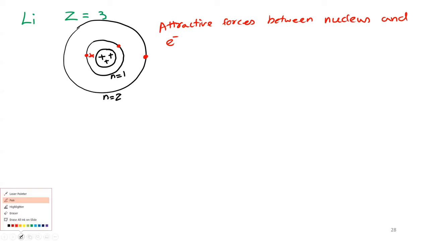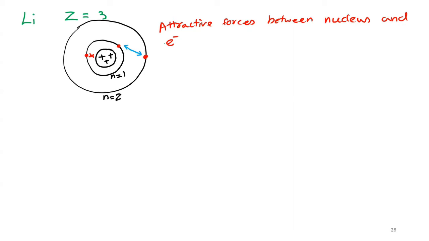But there is another force working on, that is the repulsions, the electrons and the electrons. We know that electrons, they are of the same charge, negative charge. Similar charges, they repel each other.